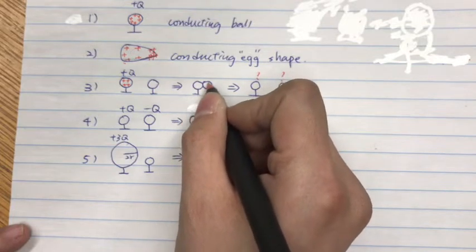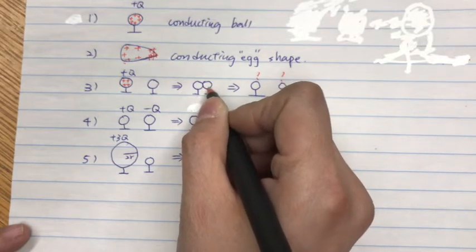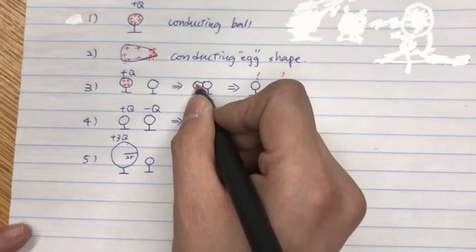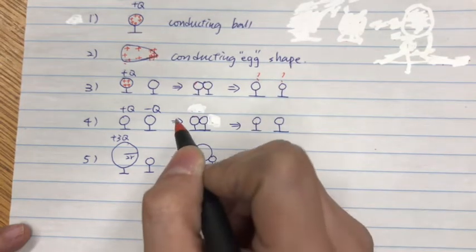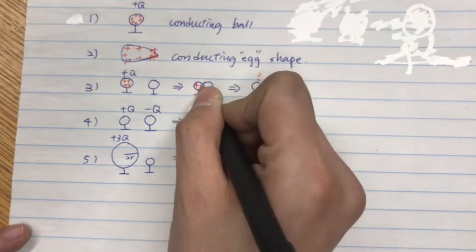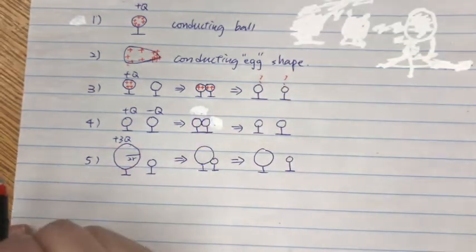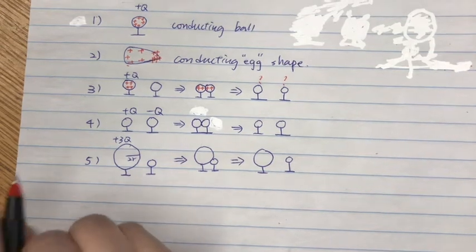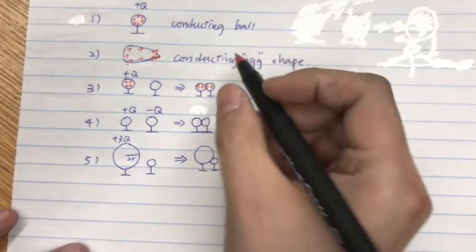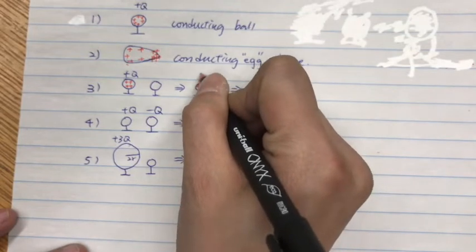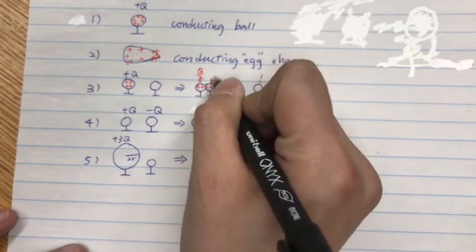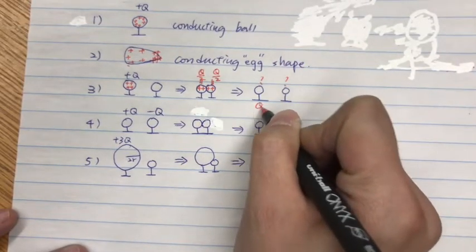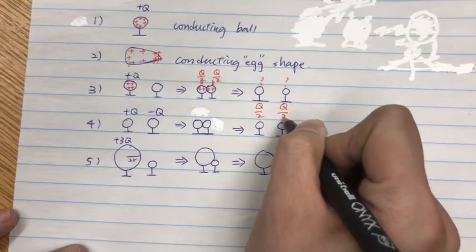Apparently this one has higher potential, this one has no charge, so no potential. Since this is higher potential and this is lower potential, all the charges want to flow from high potential to low potential. So eventually, this charge will be evenly distributed on both conducting balls because they're identical. So this one will carry charge Q over 2, this one will carry charge Q over 2, and when you separate them, each will naturally carry a charge of Q over 2.